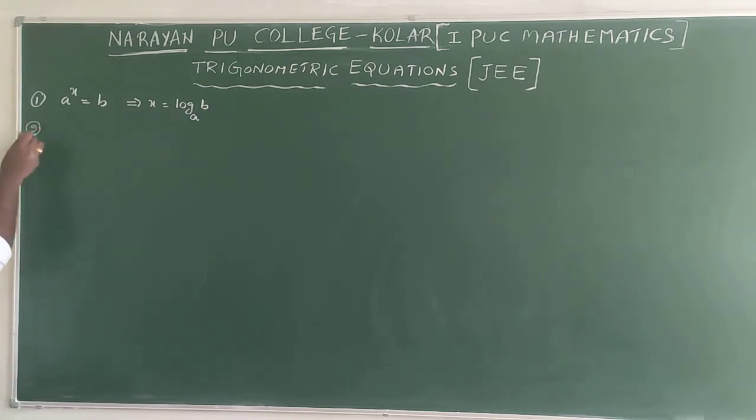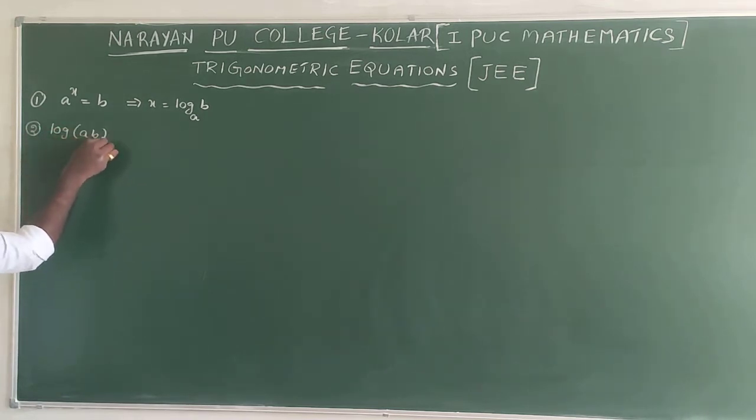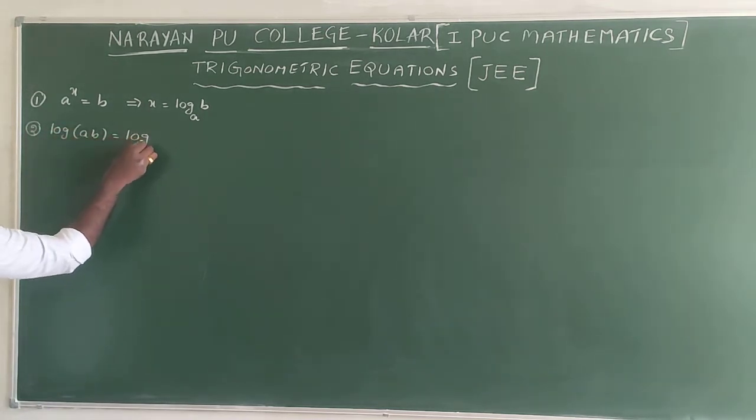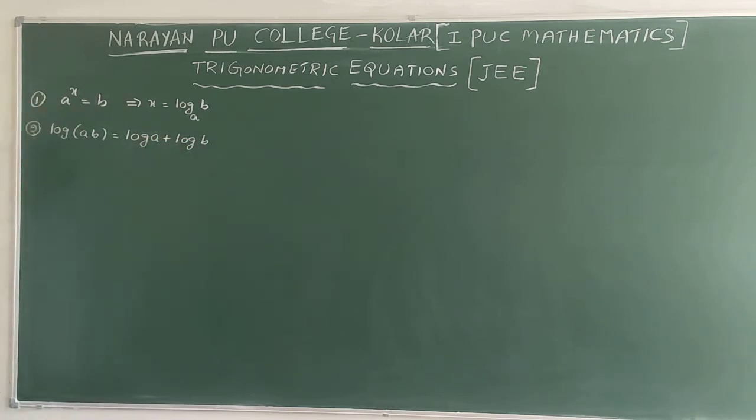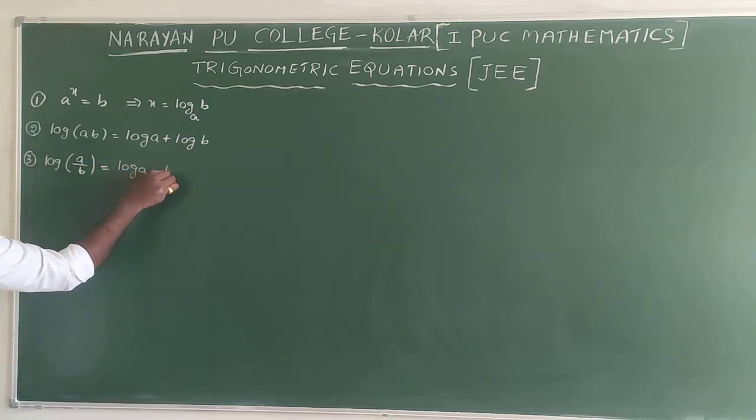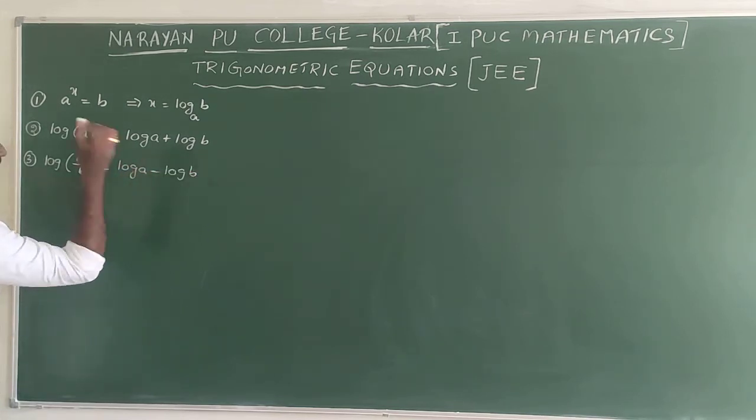Here we have the formula log of ab is equal to log a plus log b. Next, third one, log of a by b equals log a minus log b.